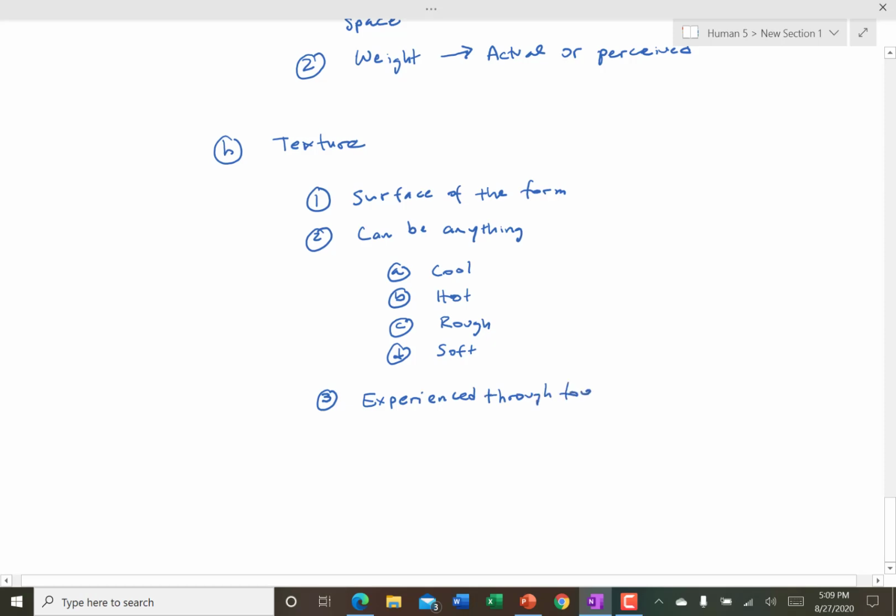Now, you can't always touch things if they're in a museum and they don't want you to touch it. And if you can't actually touch it, it's the imagined feel of the texture that still plays a role in our perception of that art.